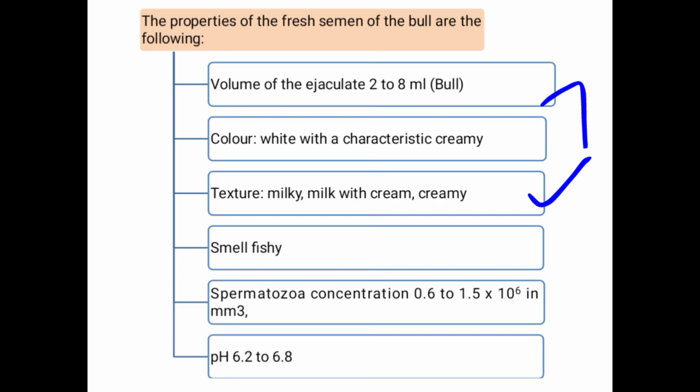So these whole parameters are considered normal parameters for the fresh semen of the bull.